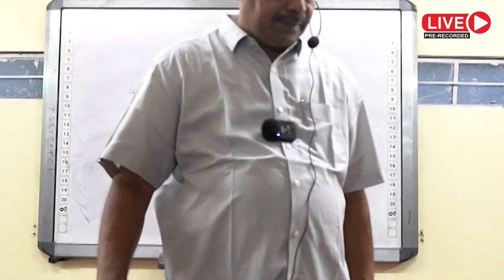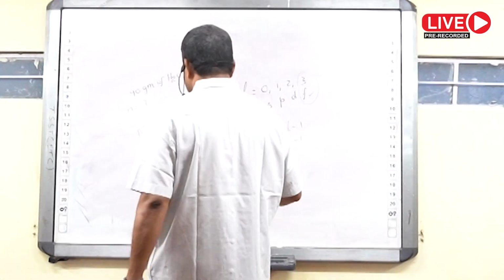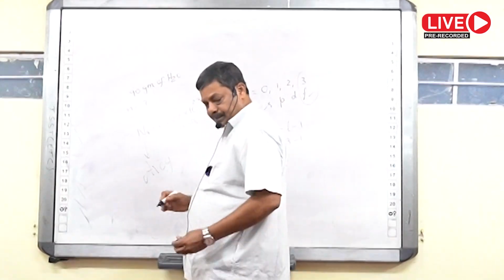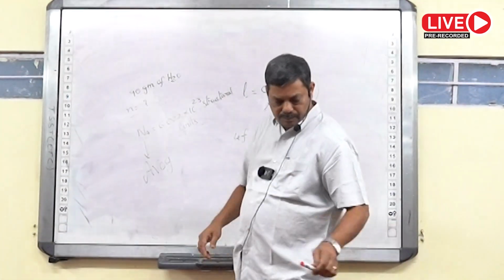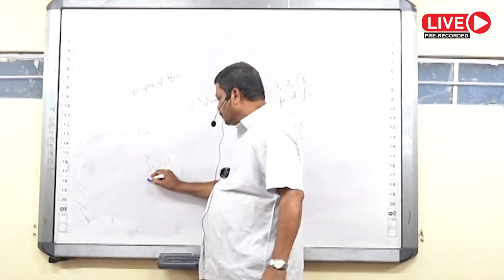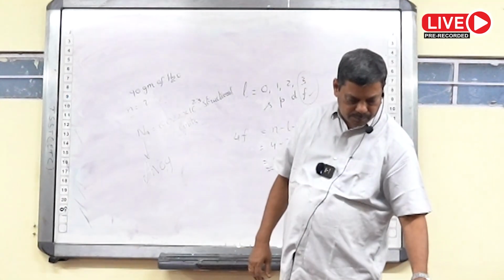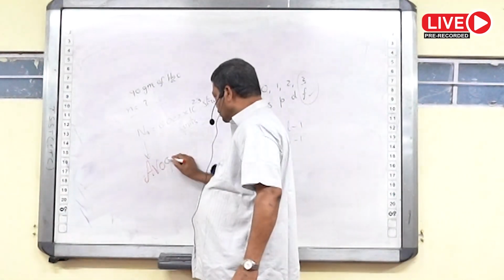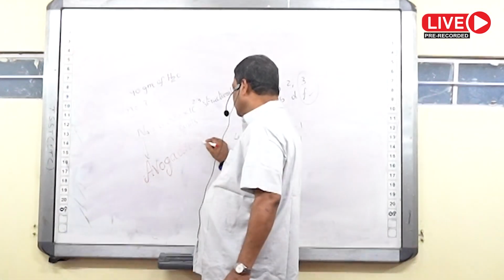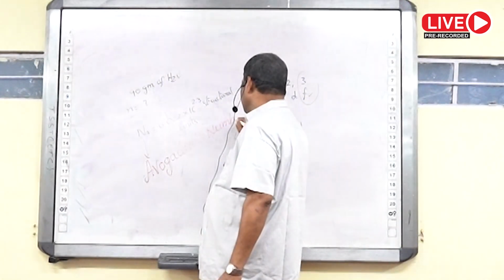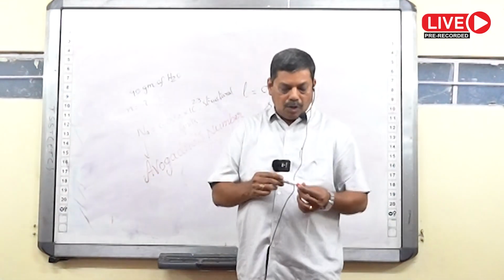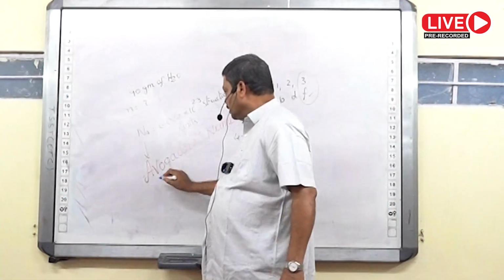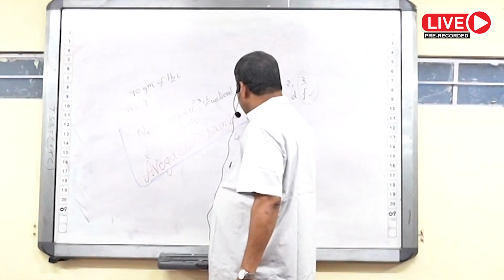You can say a mole contains this number of structural units, which is called Avogadro's number.